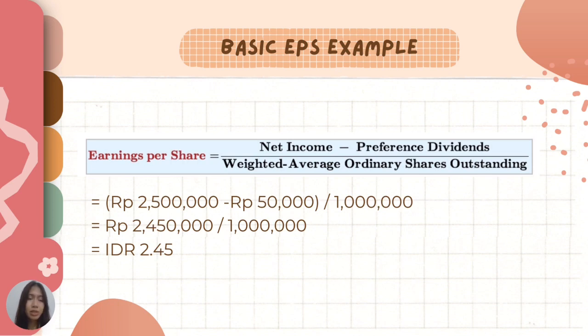And next, we have the basic EPS example. So we have the formula here. We get earnings per share by net income minus preferred dividends, divided by weighted average ordinary shares outstanding.